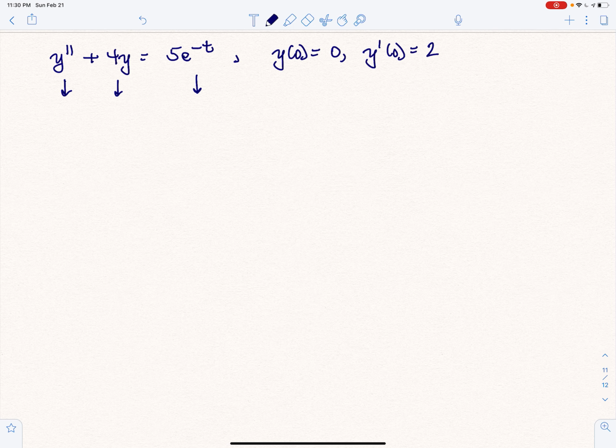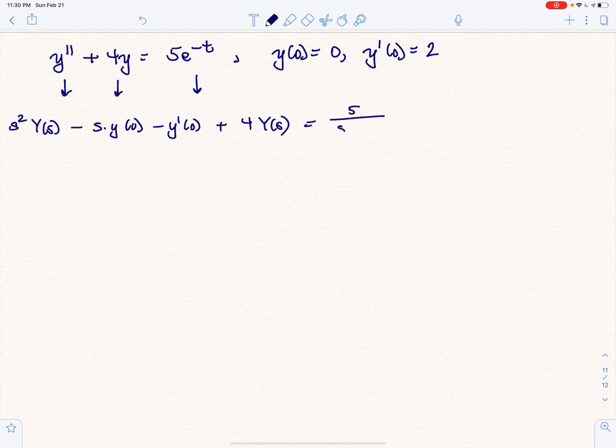So the Laplace transform of y double prime is s squared Y of s minus s times y of 0 minus y prime at 0. And we have 4, now the Laplace transform of y, we just call that Y of s. And the Laplace transform of the right-hand side, well, that's different this time because it's non-homogeneous.